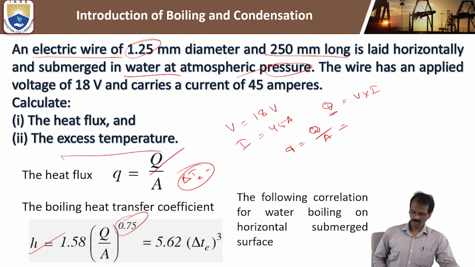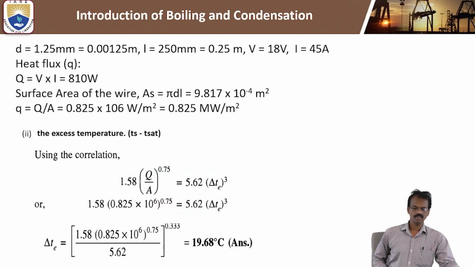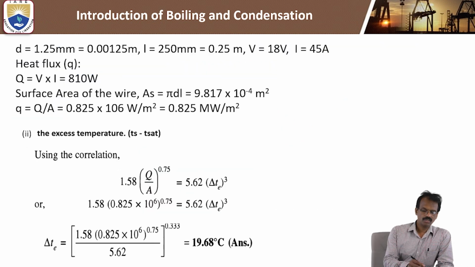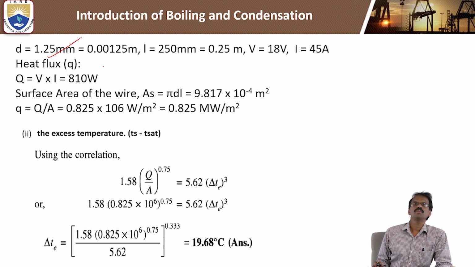Okay, so the following correlation is for water boiling on a horizontal submerged surface. This is the data given here. D is equal to diameter, 1.25 mm, converted to meters, and L, the length of the wire, 250 mm, that is 0.25 meter.